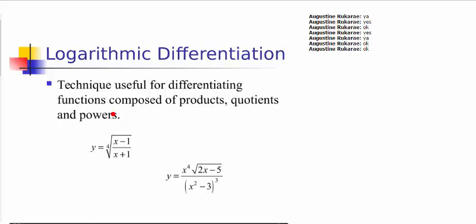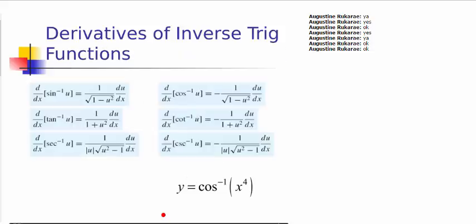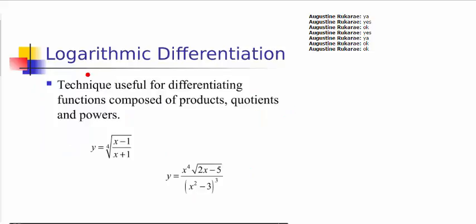Now, before going on to solving logarithmic differentiation, you should first know the laws, or the rules of logarithms, right? So you should first know the rules of logarithms, which is, say for example, if you have ln x to the power n.